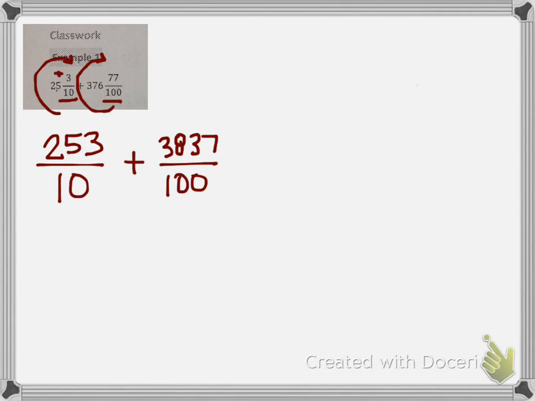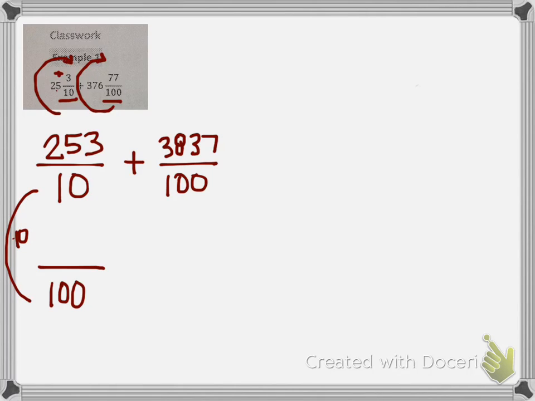Well, good. So now we've changed the mixed number into an improper fraction on both sides, both of my add-ins. And, well, I still can't add them because these aren't the same denominator. So I've got to scale this up. So in order to change the 10 into 100, I'm going to have to multiply by 10.